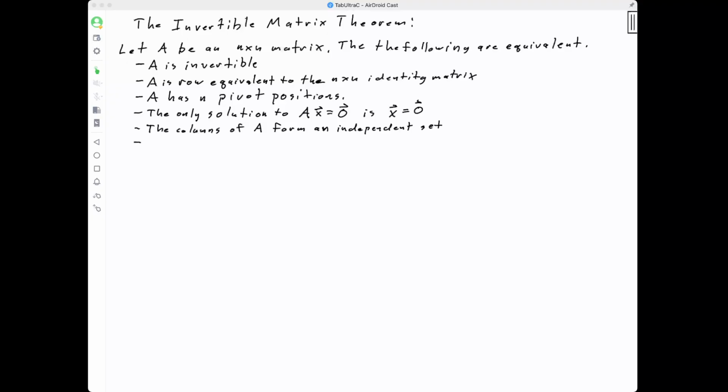This also occurs when the equation AX equal B has at least one solution for every B. So it has at least one solution for every vector B in Rn, meaning for every vector B that has n entries, so the right number of entries.